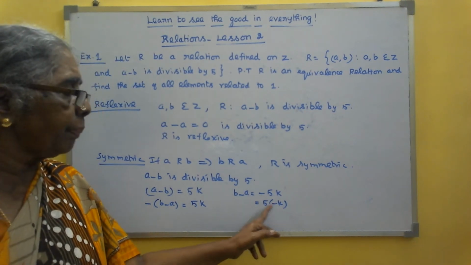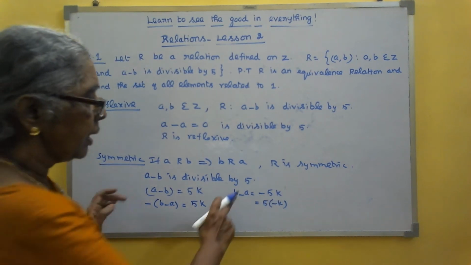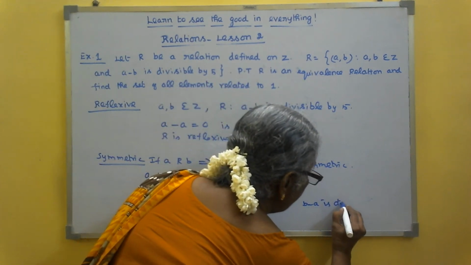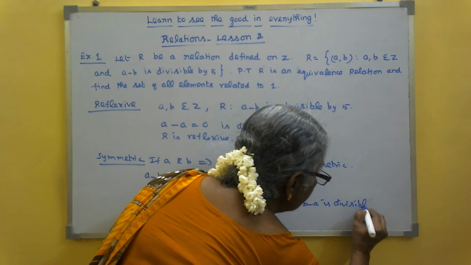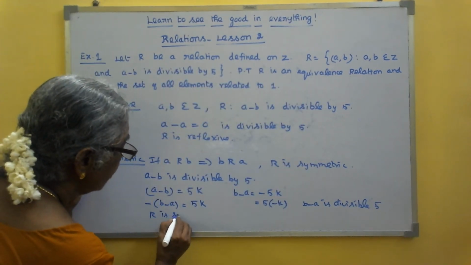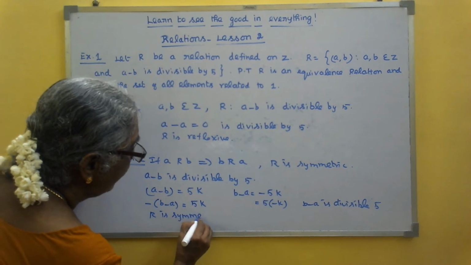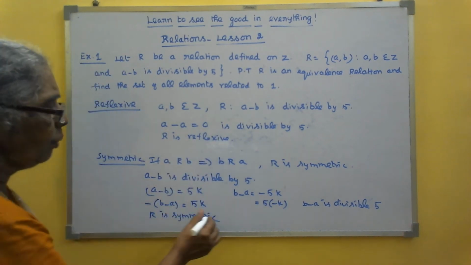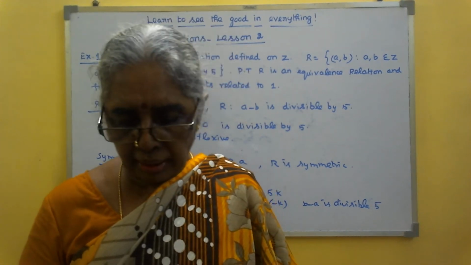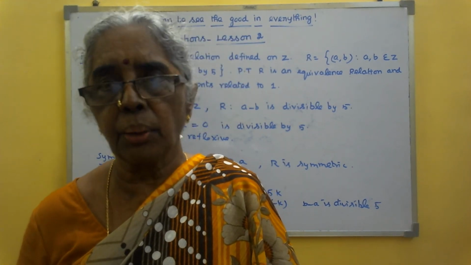So it is a multiple of 5, or it is divisible by 5. So now I know b minus a is divisible by 5, right? So now I know R is symmetric. So now I have proved R is reflexive and R is symmetric. I have to prove one more, that is R is transitive.